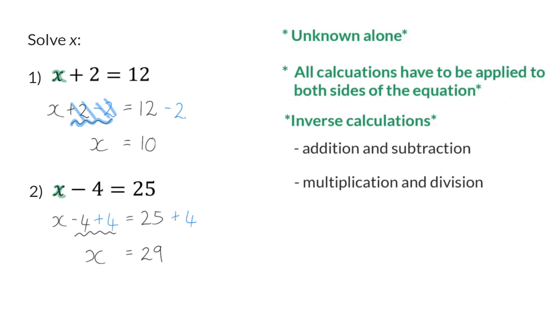Again, you could have chosen to shorten the first step, because you know that minus 4 plus 4 is 0, so you could have also written your first step as x is equal to, and on the right-hand side, 25 plus 4. Then x is still 29.